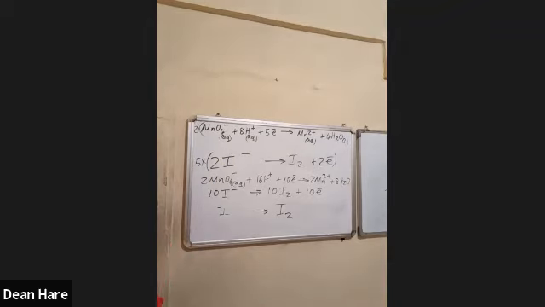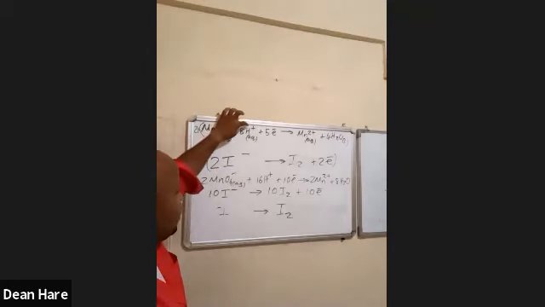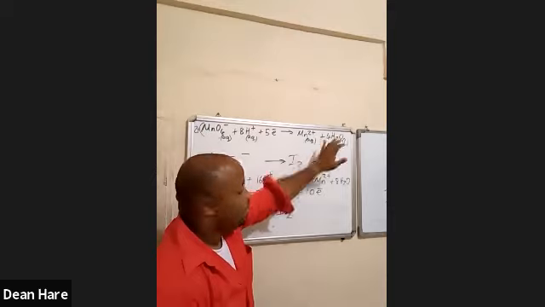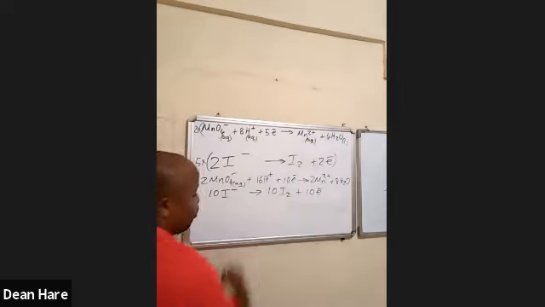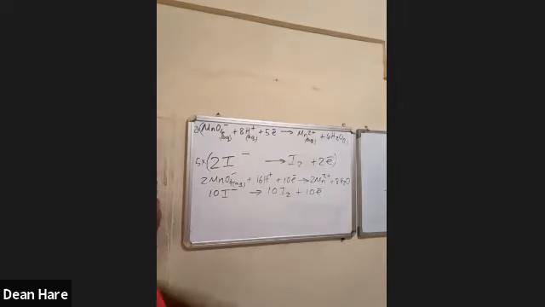If you notice in these two half equations, only this half equation has hydrogen ions and water. So there's no need to worry about canceling hydrogen or water, only when it appears in both of the equations. Questions? That's balanced, correct?